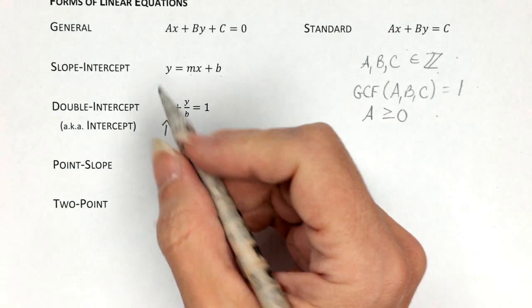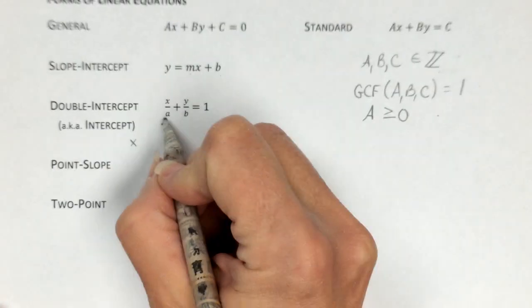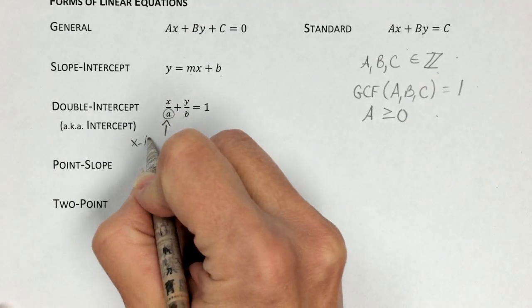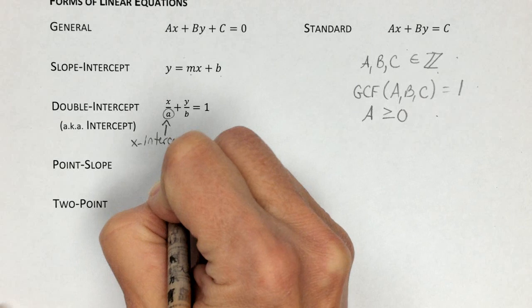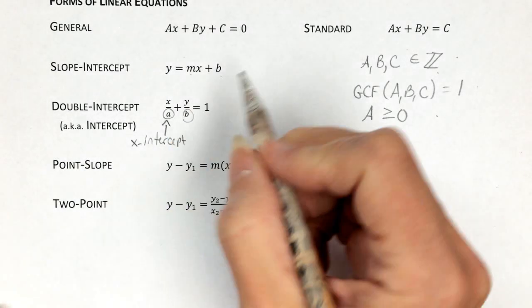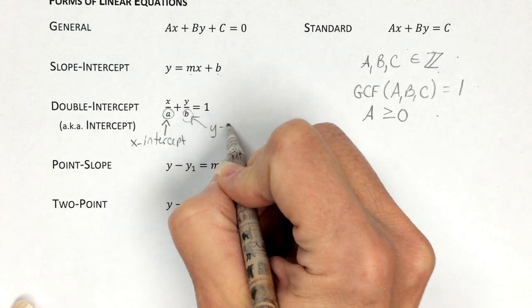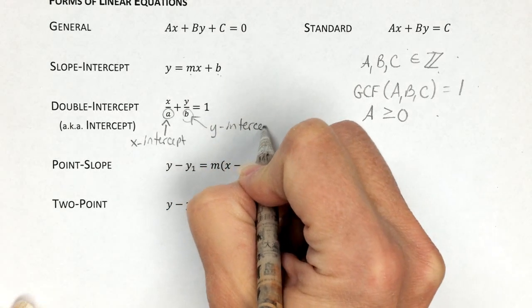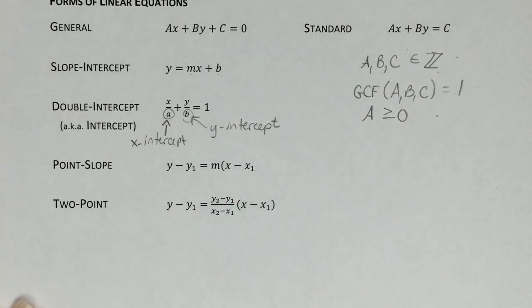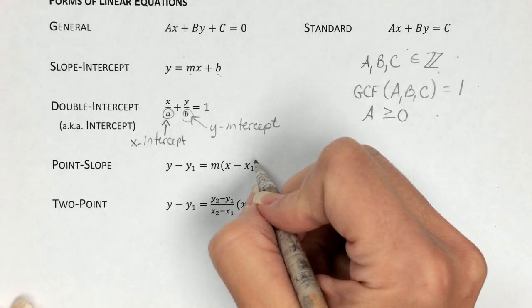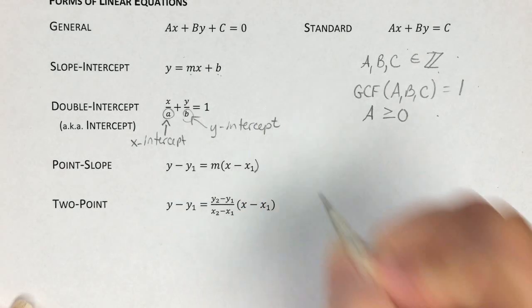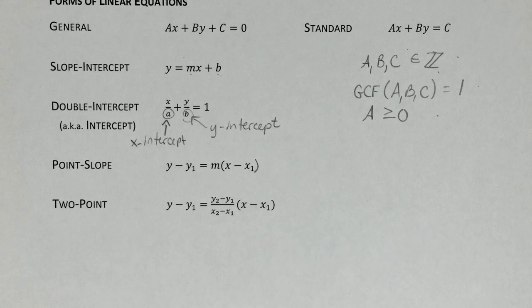It's where the line crosses the x-axis. So the A is the x-intercept. And B is the same as this B. It's the y-intercept. I'm missing a parenthesis. Didn't notice that.